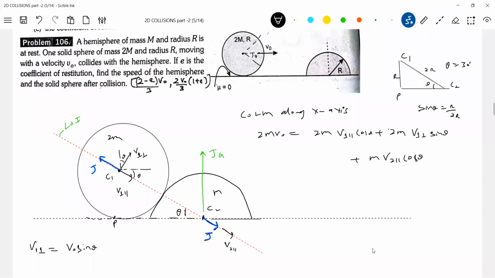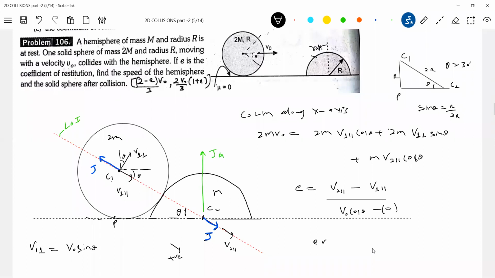So let's write one more. Unknowns are v1 parallel and v2 parallel. V1 perpendicular I obtained. I'll go for the coefficient of restitution. There should be v2 parallel minus v1 parallel, anything directed towards the right let it be positive, by v naught cos theta. Initially this is at rest, no?